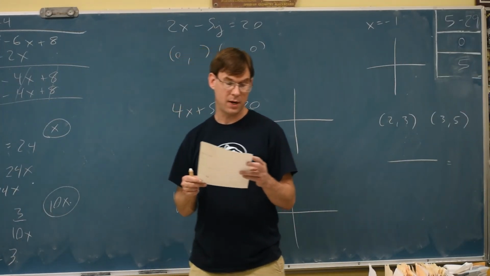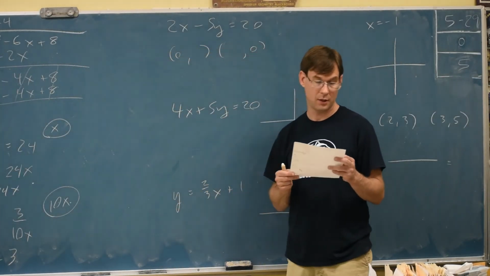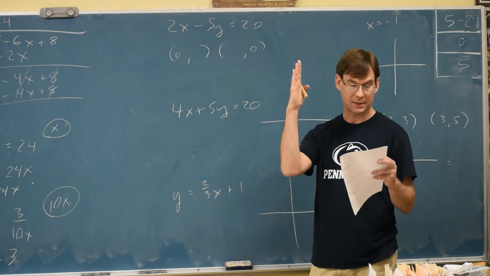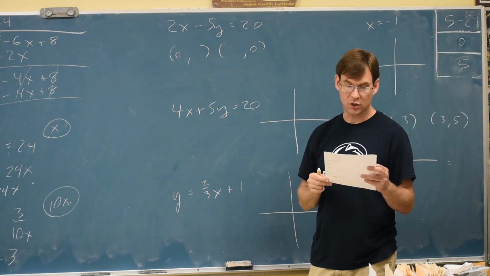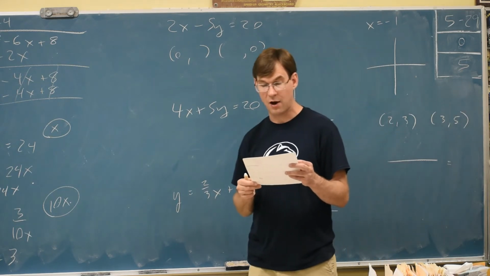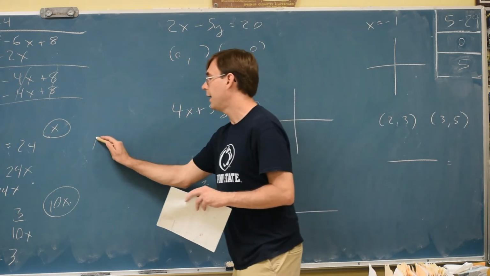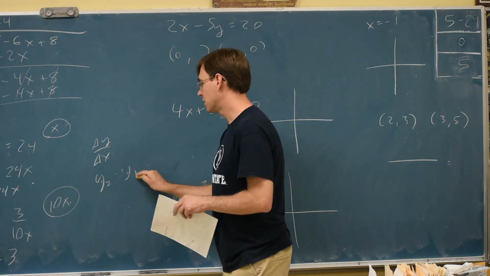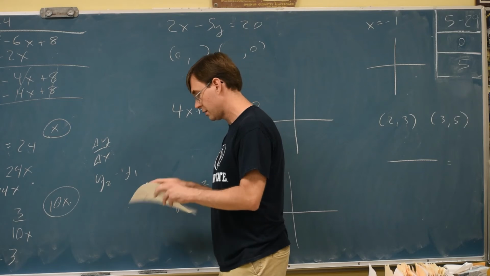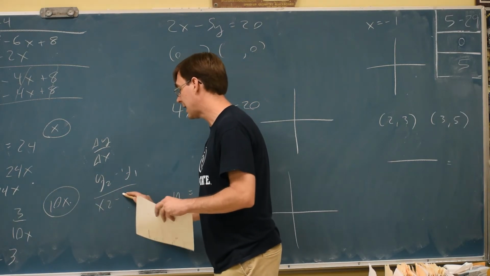19 is just some memory. 19 is the origin, vertical axis is the y-axis, 21 is the x-axis, 22 you could write anything out of change in y over change in x, y2 minus y1 over x2 minus x1.